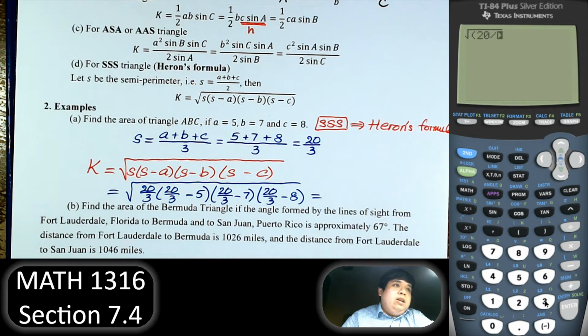Over 3. By the way, it would be better if I just do this 20 over 3. Let's throw that into some letter that I can use. Let's say s.